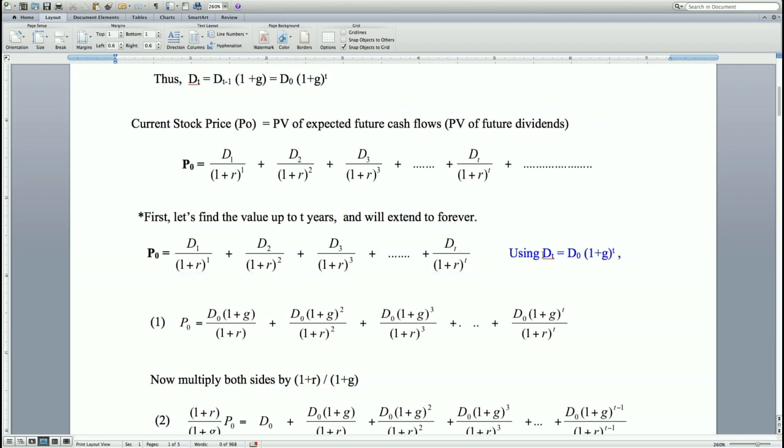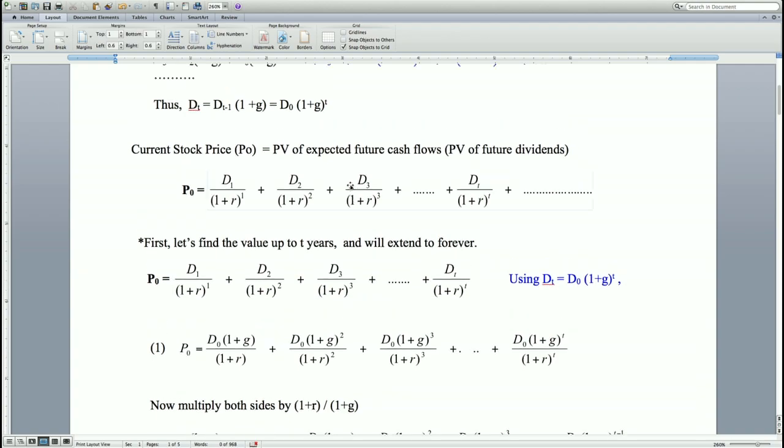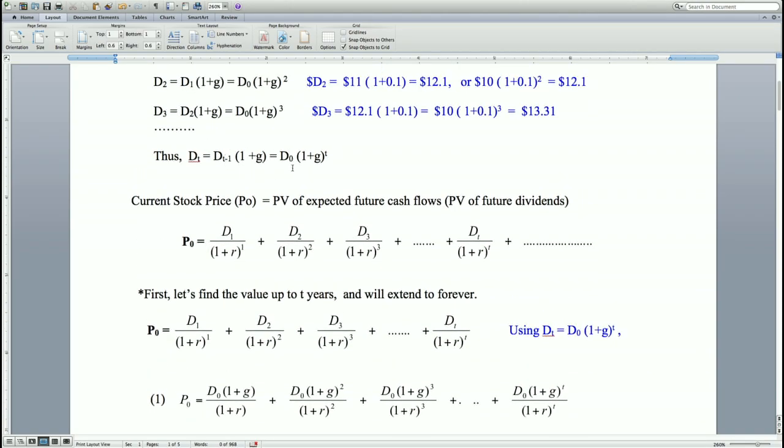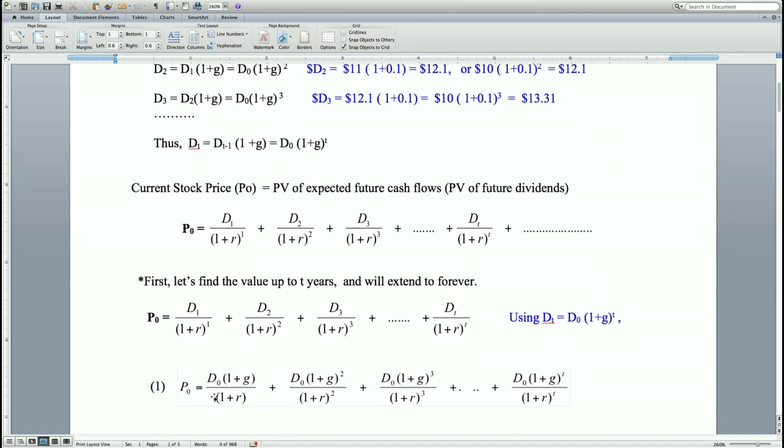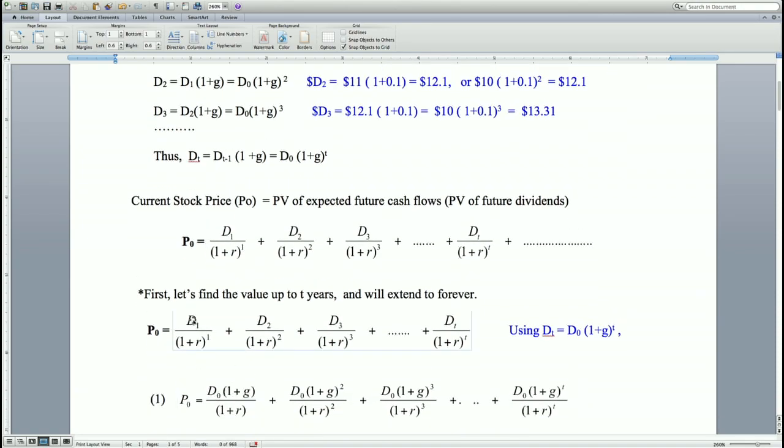Then using DT equals D0 times 1 plus G to the power of T. That's the one we saw earlier, right? D3 is D0, 1 plus G to the power of 3.